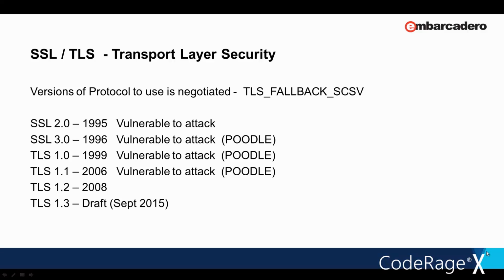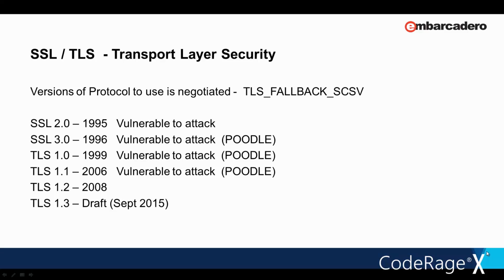SSL or TLS has several different versions of the protocol. One thing you should note is that quite often SSL is referred to as TLS, so they become somewhat synonyms. But the version number and the actual protocol names are slightly different.